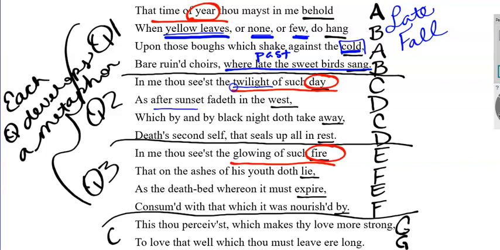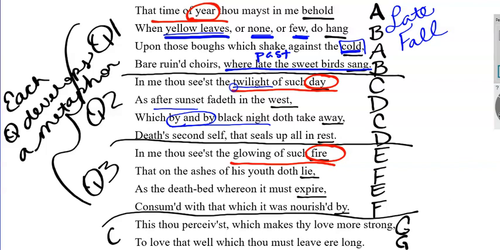So he says that there's twilight after sunset fadeth in the west. Then he says, by and by black night doth take away. Now, be careful when you look at this detail, because some people will see the black night and think that it's nighttime, that it's dark. But when he says by and by, that means eventually, or it's coming.